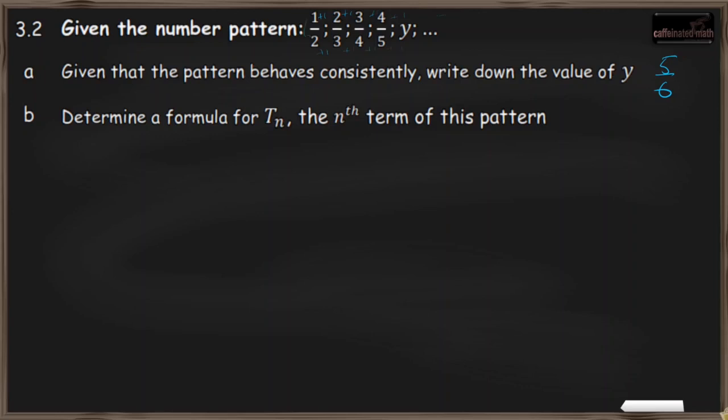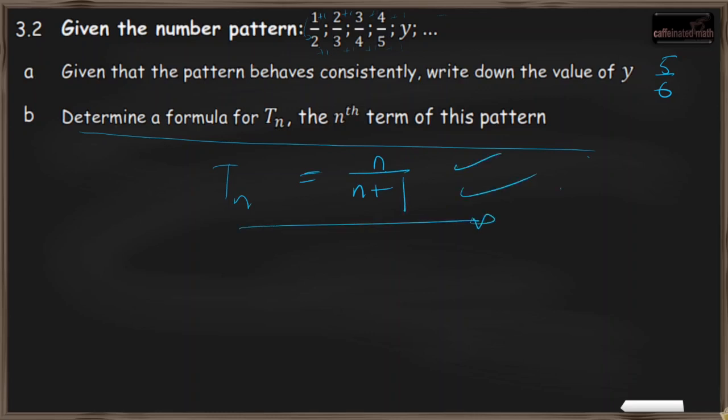And to get from top to bottom is plus 1, and that answers the second question, which is quite simply Tn is equal to whatever n is, the numerator, over n plus 1. I think 3 marks is a bit generous for this one. I would have been more stingier. However, we are moving right along.